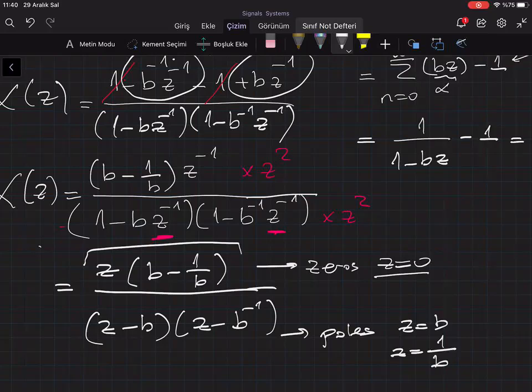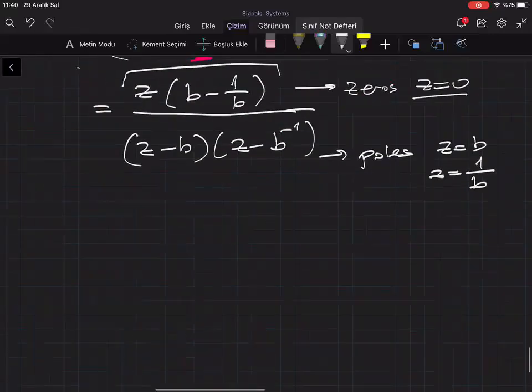Yeah. Okay, so these are my zeros and poles. Can you now, if you look at the whole question, can you now draw the ROC plot?